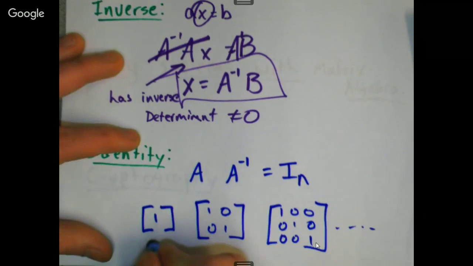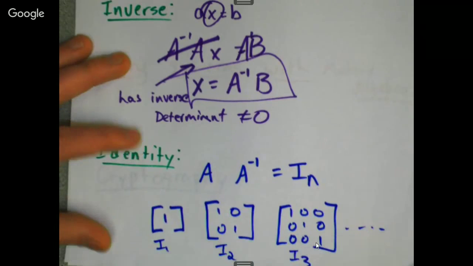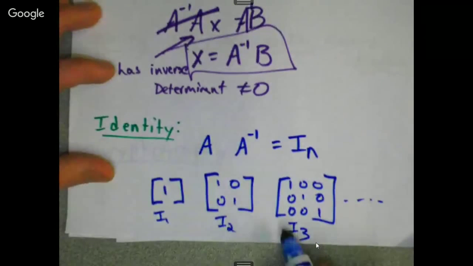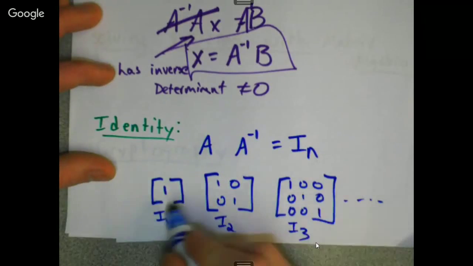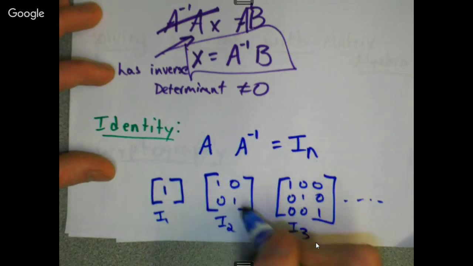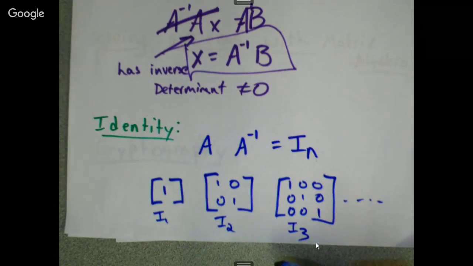This is the 1 by 1, 2 by 2, and 3 by 3 identity. All that means is that identity matrices will always be a square matrix, and this is just how many rows and columns it has. Your diagonals will be 1s, and everything else will be 0s. It's kind of like reduced row echelon form.